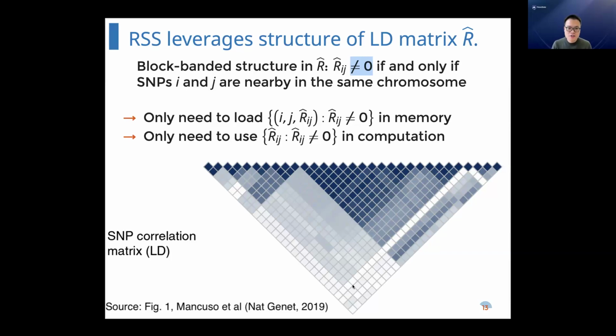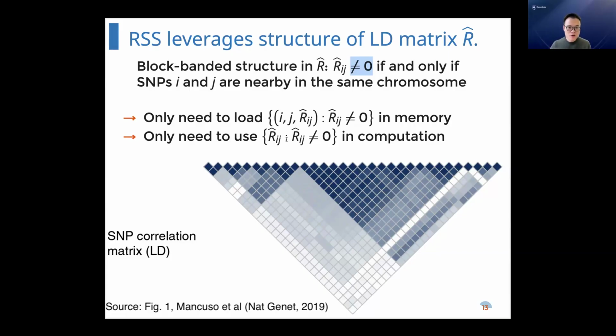So this structure actually gives us two benefits. First of all, it saves a lot of memory in the calculation. We only need to load the coordinates and the values of all these non-zero entries into the memory. And second, it also saves computational time because we don't have to do all the computation for p by p, or p by p divided by two, pairs.